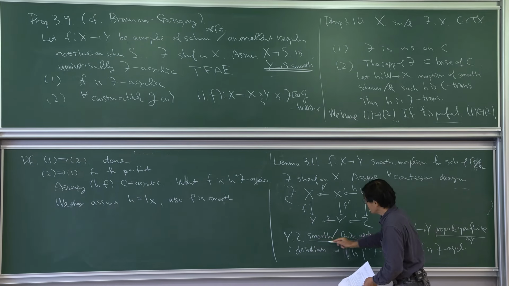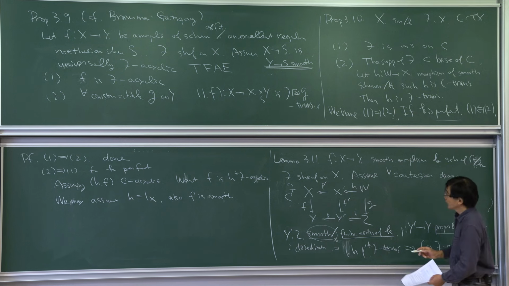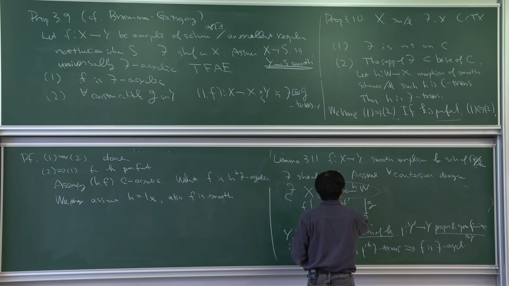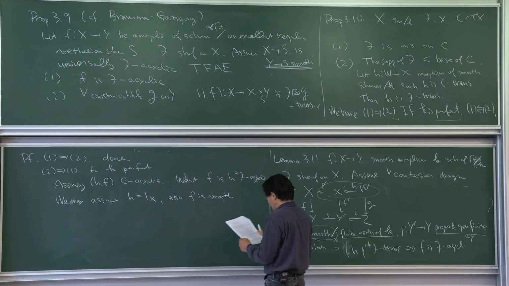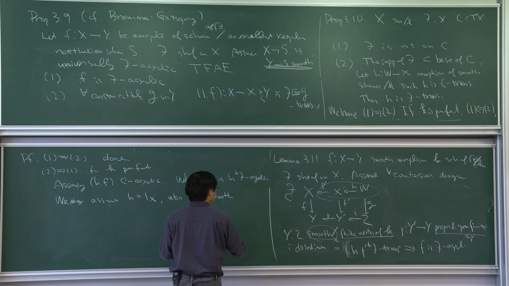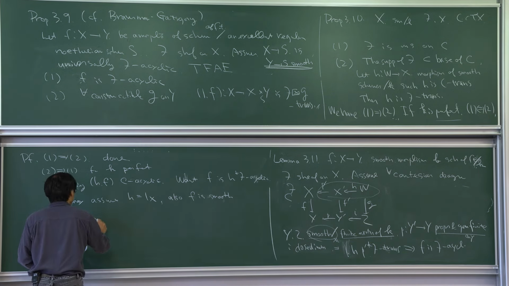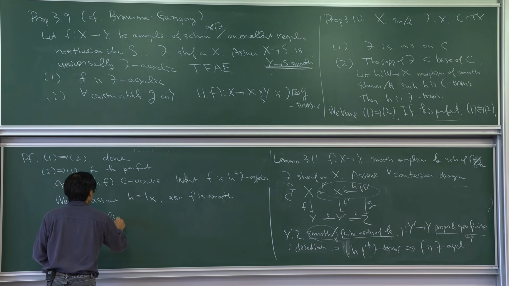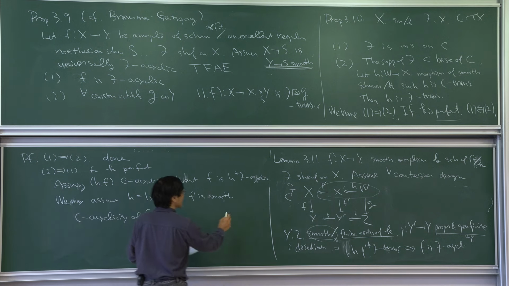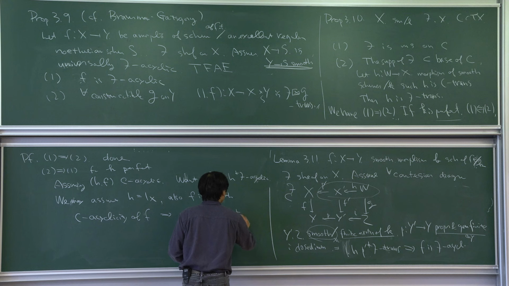So it means that this must be smooth over K. So now everything is smooth over K. So the C acyclicity of F implies that P prime and also H prime are C transversal.